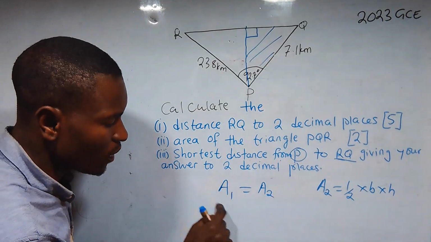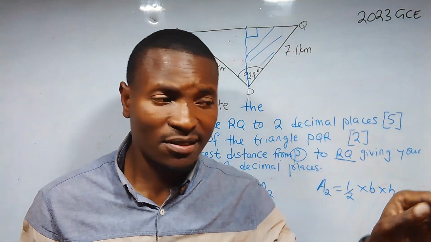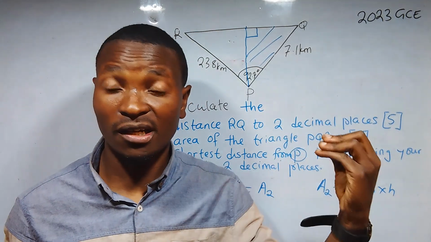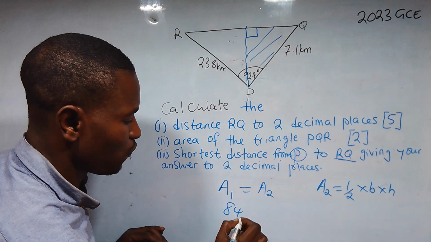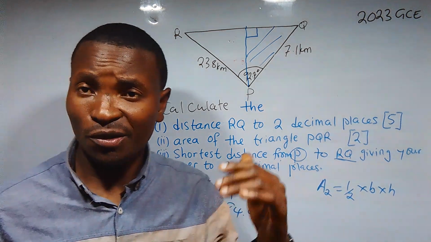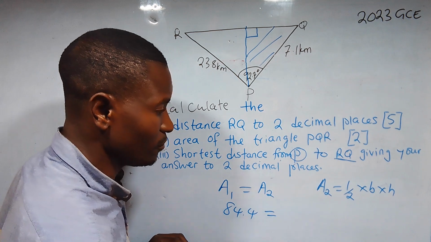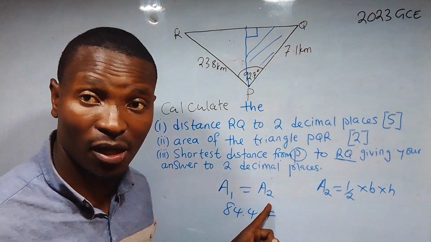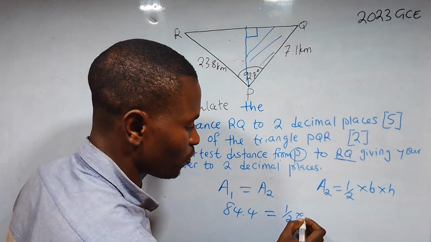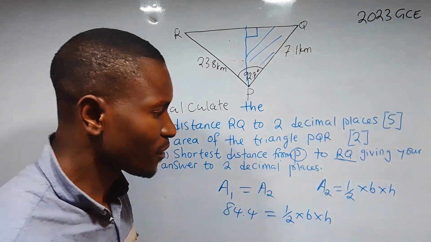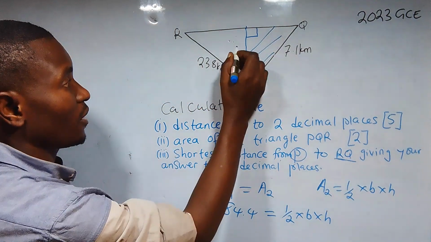And now we know that area 1 is the first area that we calculated, the bigger area, and this is going to be 84.4. So remember, this was calculated already. And we have area 2, which is half multiplied by B multiplied by H. Now the H is the shortest distance, so the H is this one.